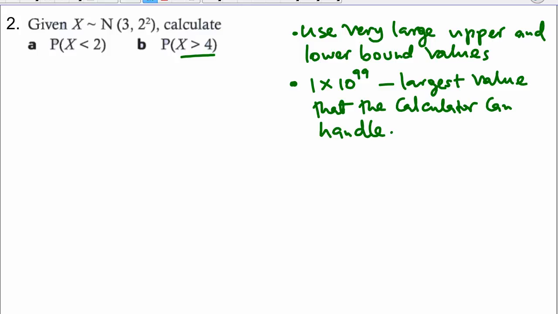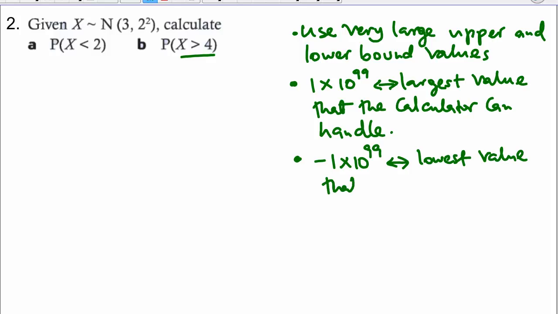If that represents the largest, then -1 times 10 to the power 99 represents the lowest value that the calculator can handle.